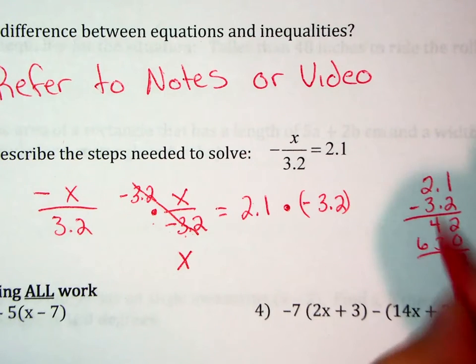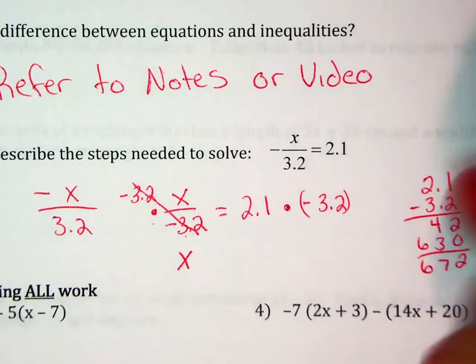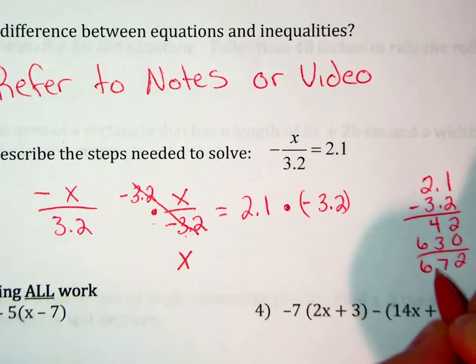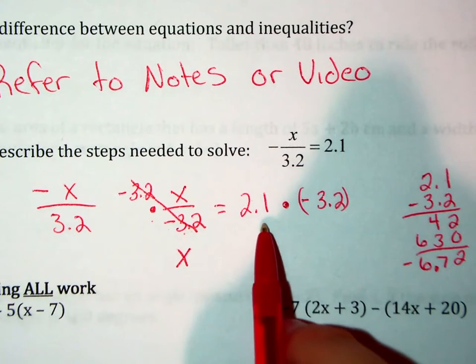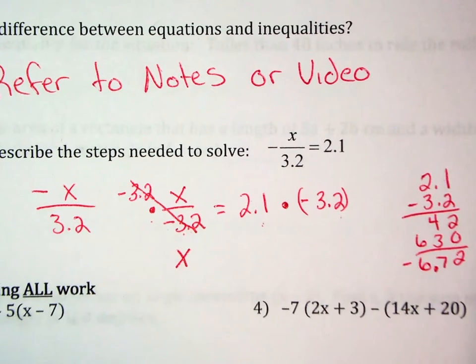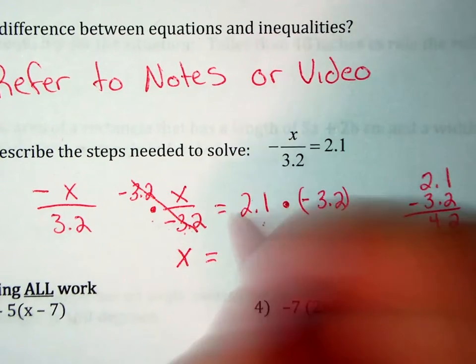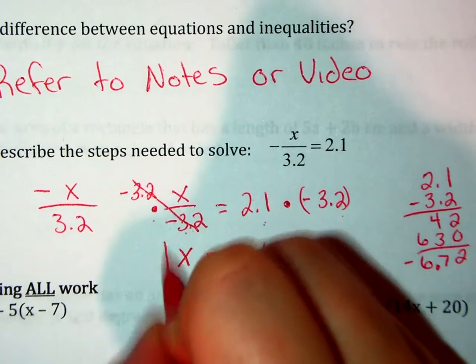Add my values together and calculate how many spaces I need for decimals. I have 2 spaces in my original problem, so move my decimal over 2 places, and my solution should be negative because I multiplied a positive term times a negative term. So now x is equal to negative 6.72.